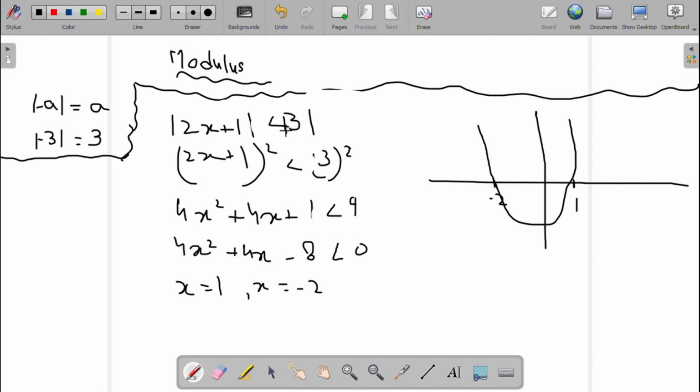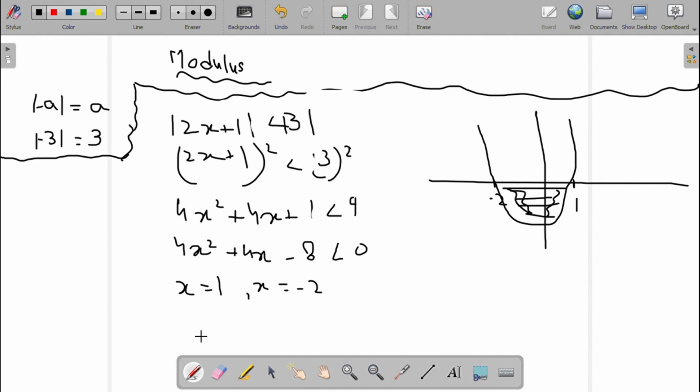Like in the previous example, it was the greater than sign, so we shaded the part above the x-axis, on both sides. But when we have the less than sign, we have to shade below the x-axis. The other thing you need to remember is that only this part will be shaded.